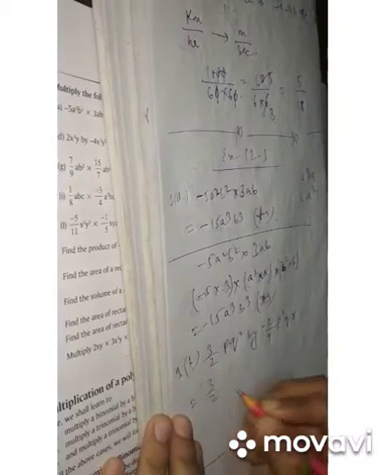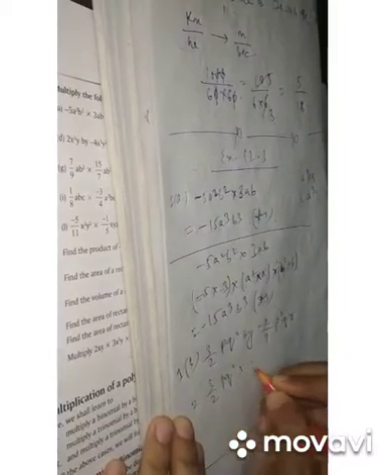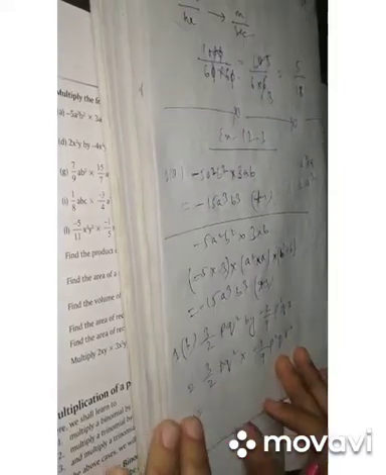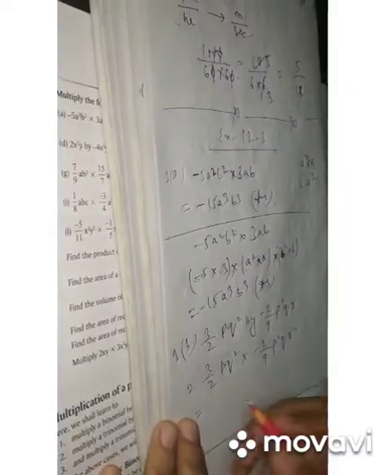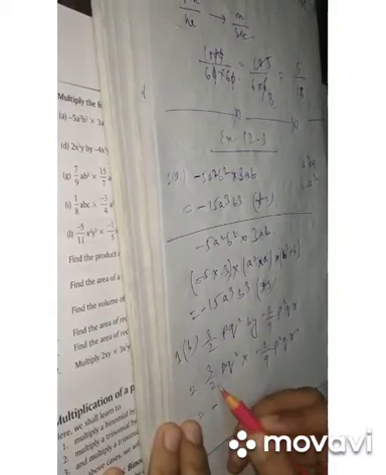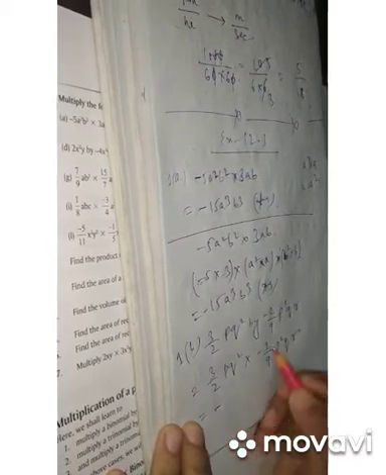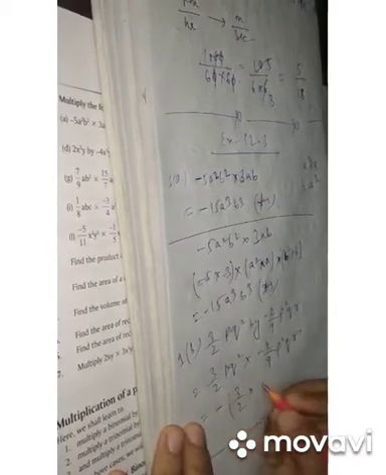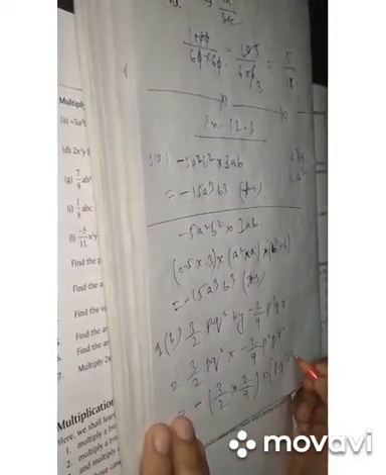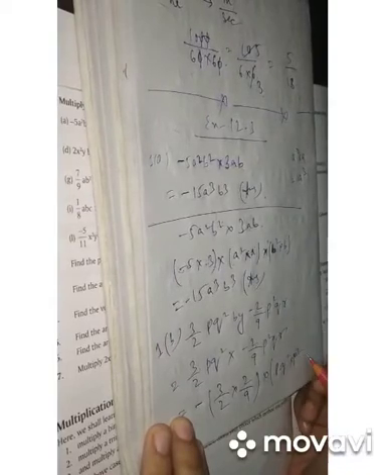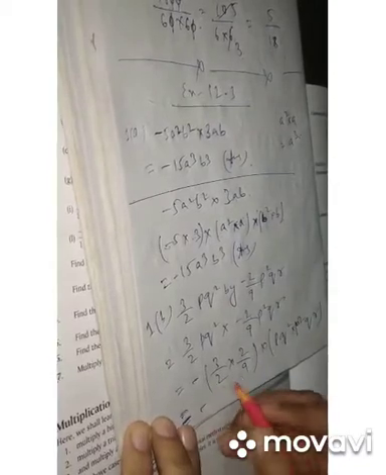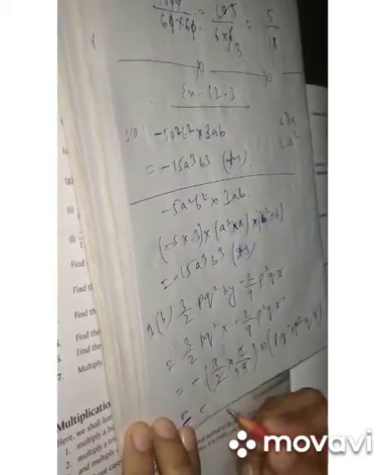So 3 by 2 p q square into minus 2 by 9 p square q r. Now 3 by 2 into minus 2 by 9. So plus minus minus, the sign will be minus. Now the 2 cancels, 3 1s are 3, 3 3s are 9, so it will get only 3.